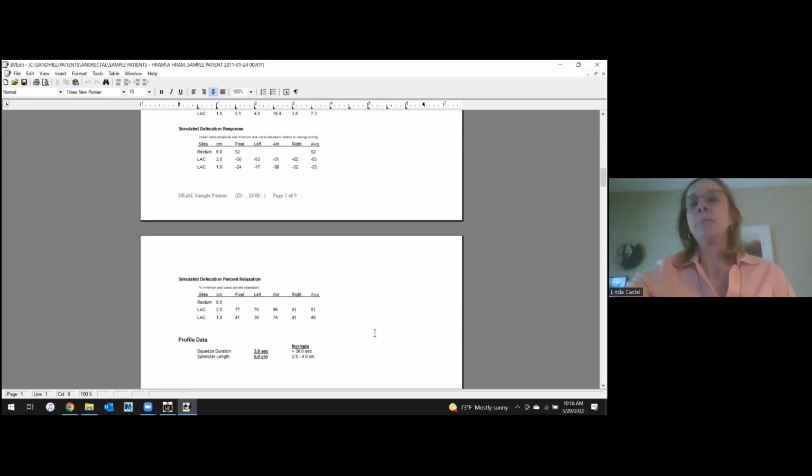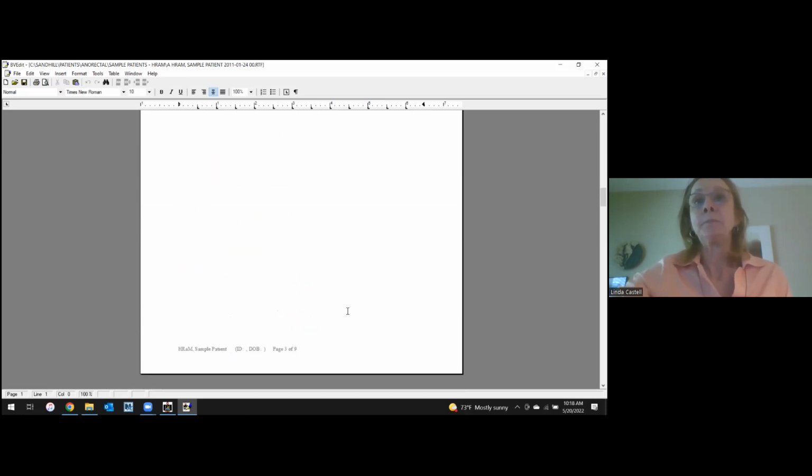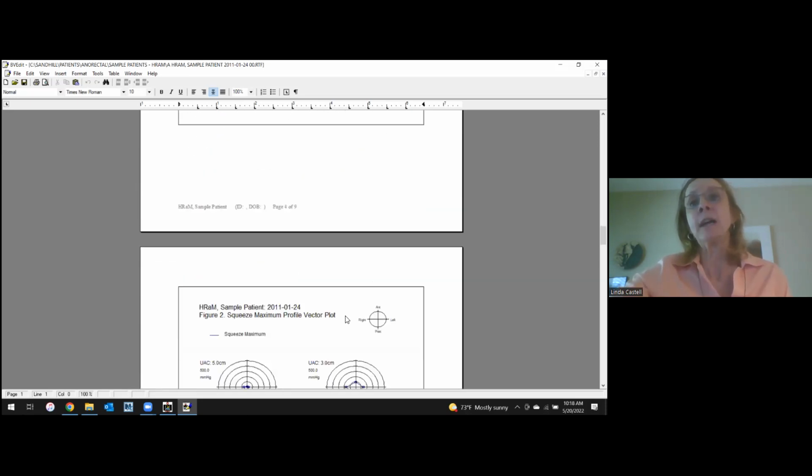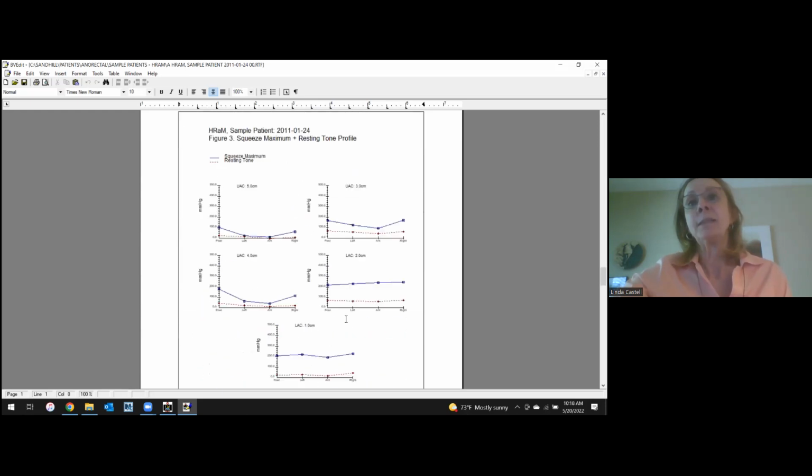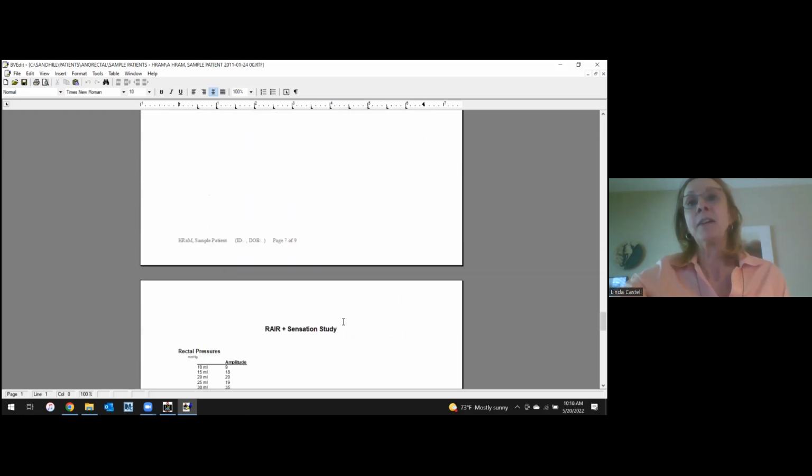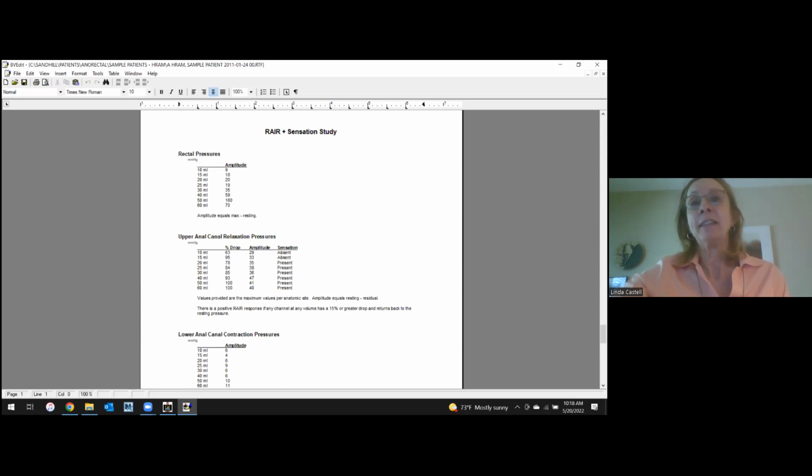Do you need to teach them to push from above better? Do you need to teach them to relax their external anal sphincter? So you'll be able to teach them what muscles they need to work on if you classify it type 1, type 2, type 3, type 4. Then obviously with a patient with constipation, you're going to worry about the RAIR: are the ganglion cells present?